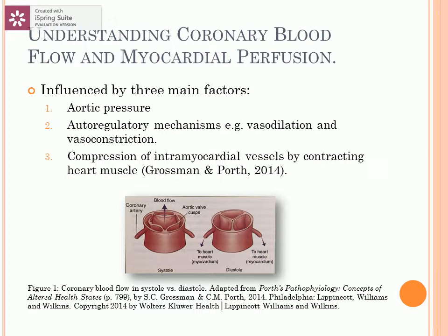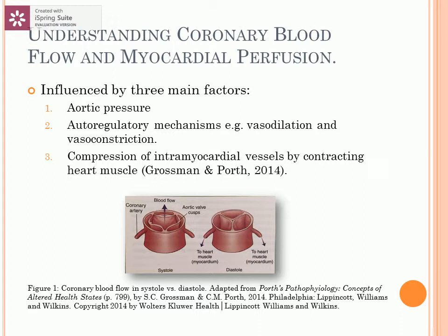This is because the two main coronary arteries that supply blood to the myocardium, the heart muscle, they're positioned in the sinuses. And when the heart fills up, so during diastole, the aortic valve is actually closed, which means blood flows directly into the coronary arteries and aortic pressure is increased.